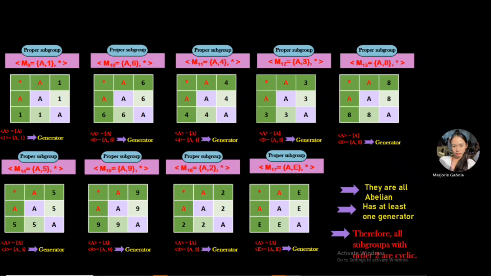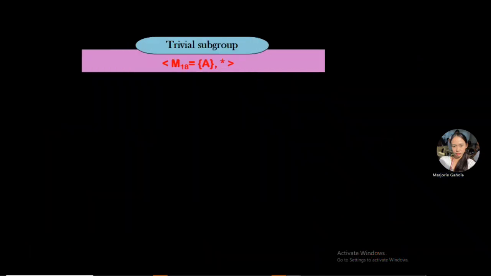Therefore, we have proved that all of them have at least one generator, they are abelian, and they satisfy the conditions of a cyclic group. Therefore, all of the subgroups with order 2 are cyclic.